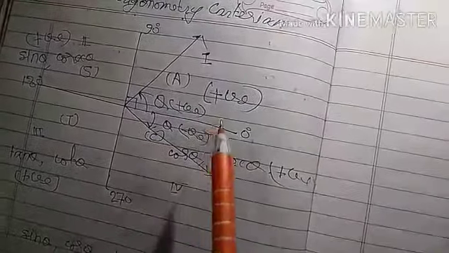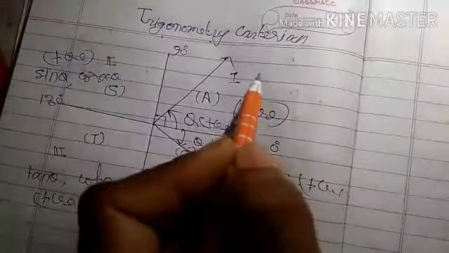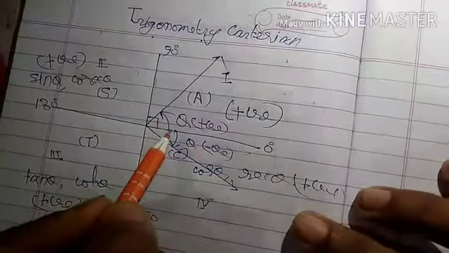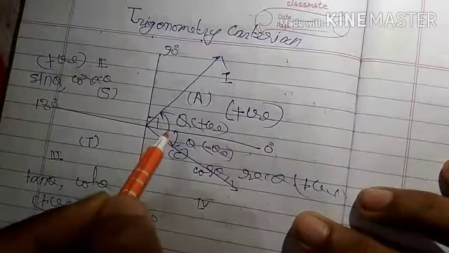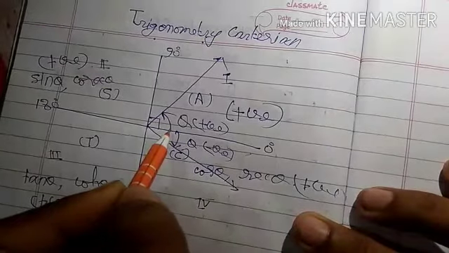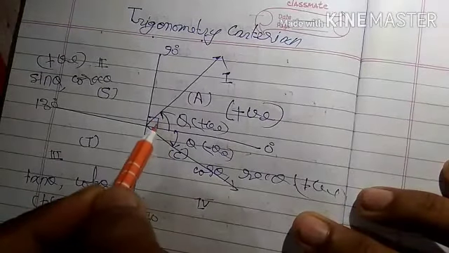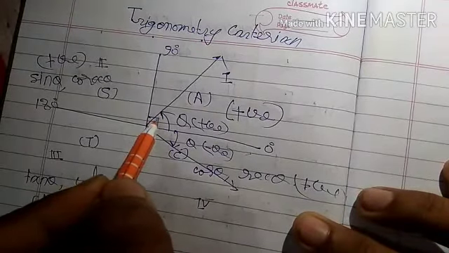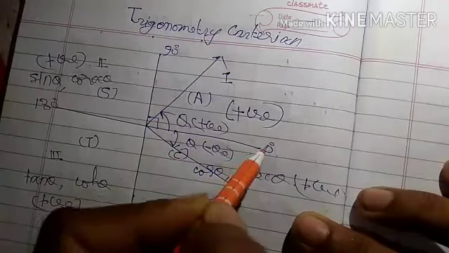So we write this angle as theta, and this is 90 degree, this is 0 degree.